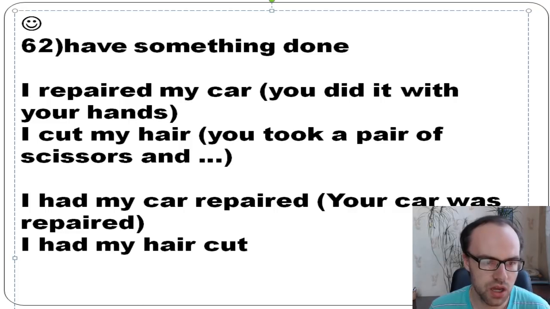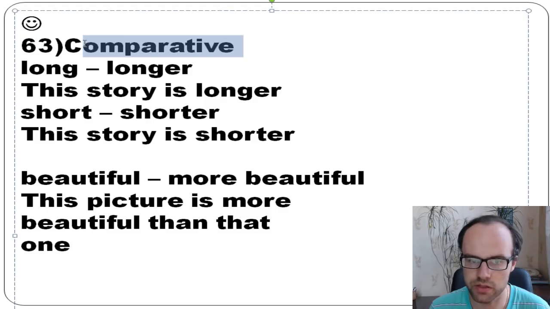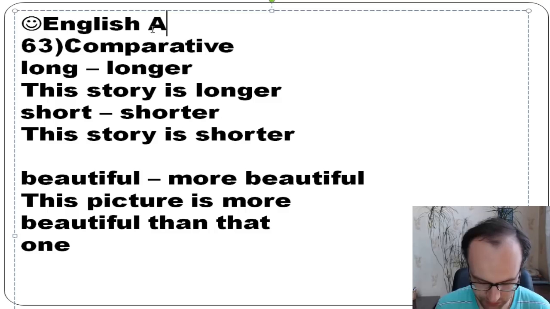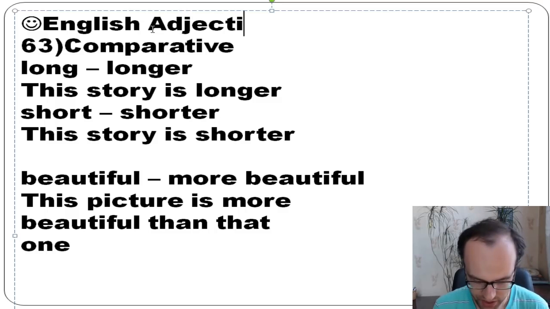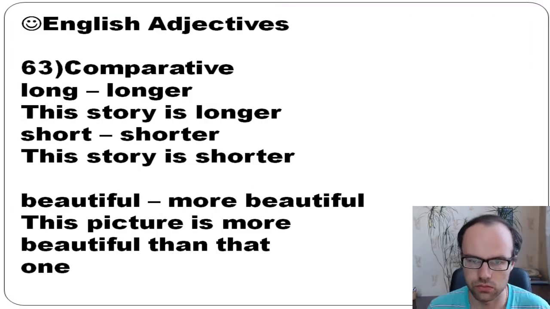Well done. Let's talk about comparative forms. It's very important, comparative forms and English adjectives. Well, how do we use a comparative form?